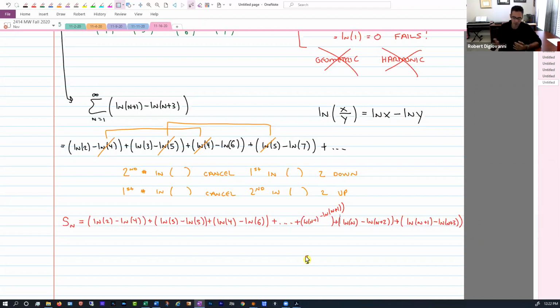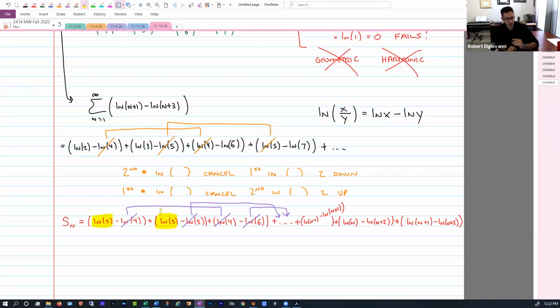And now we do our canceling. So I'm just going to start writing all the things that cancel. Negative natural log of 4 cancels with that. Negative natural log of 5 cancels with something in there. Negative natural log of 6 cancels with something in there. The things that remain are natural log of 2 and natural log of 3. Those don't have anything to cancel with.